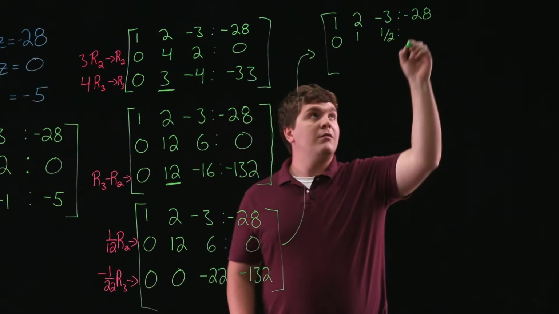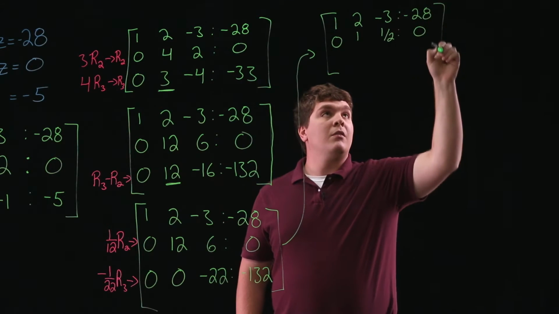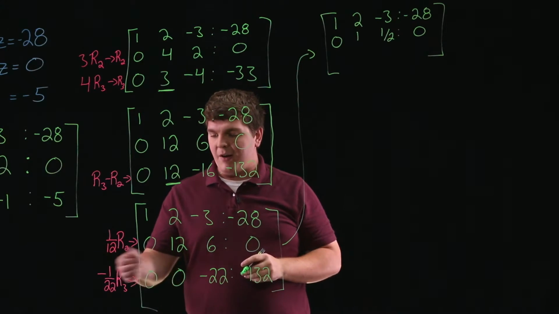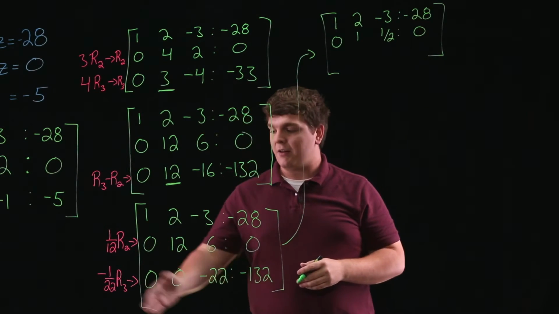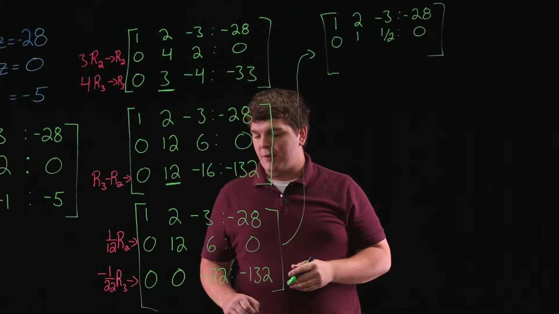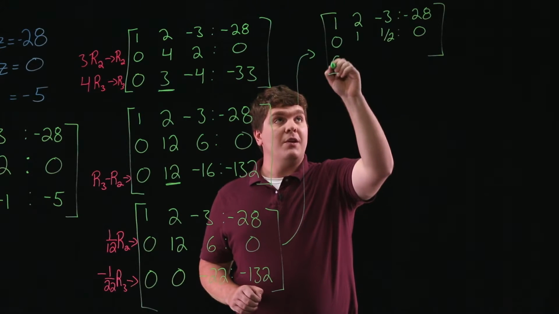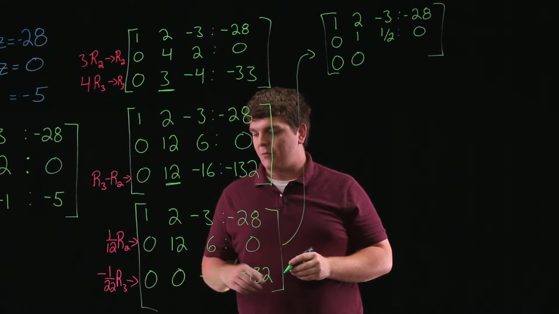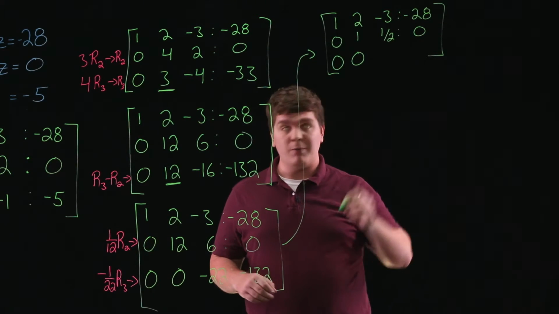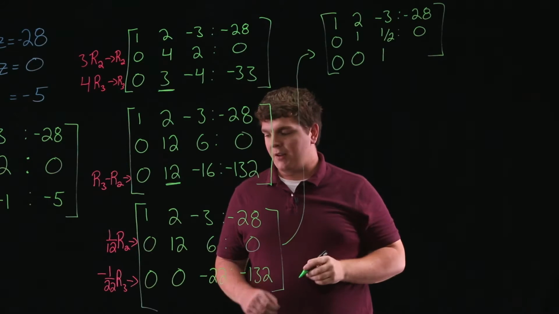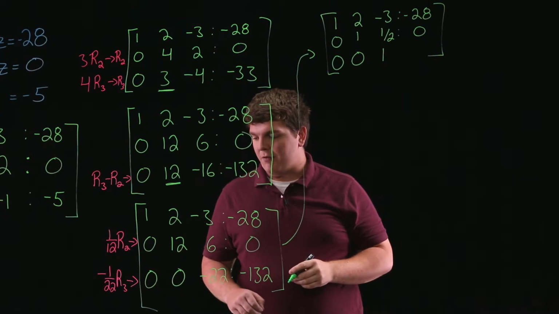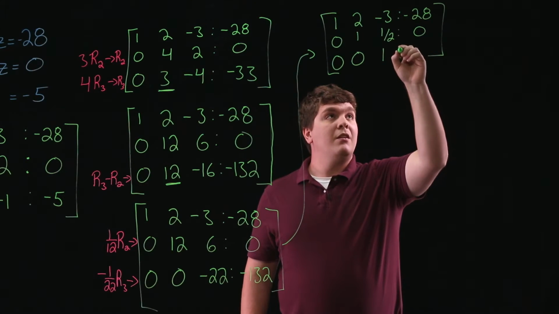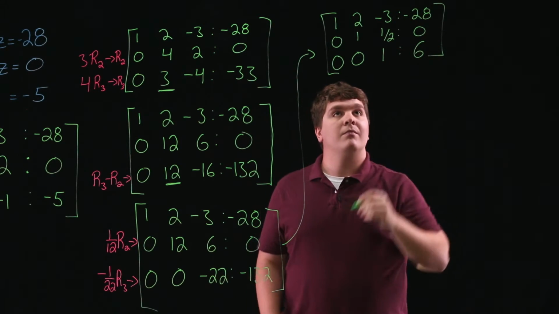And 0 divided by 12 is 0. In the third row, we're multiplying everything by -1 divided by 22. So our first two entries are 0. -22 multiplied by -1 divided by 22 is 1. And finally, -1 divided by 22 times -132 is 6.